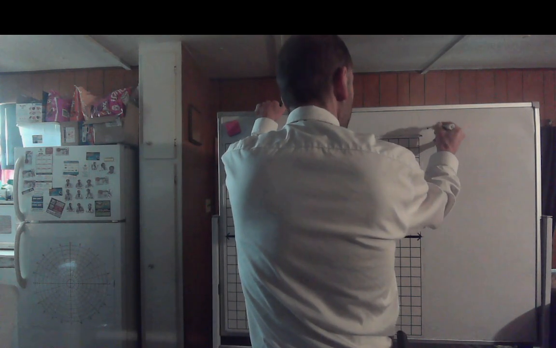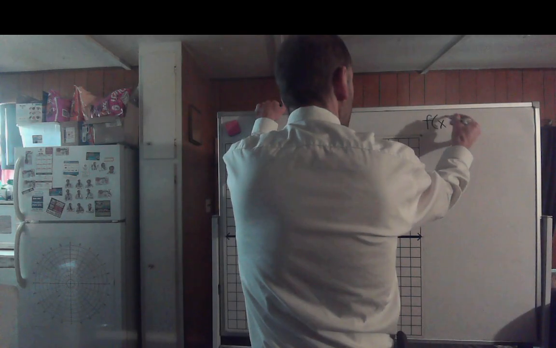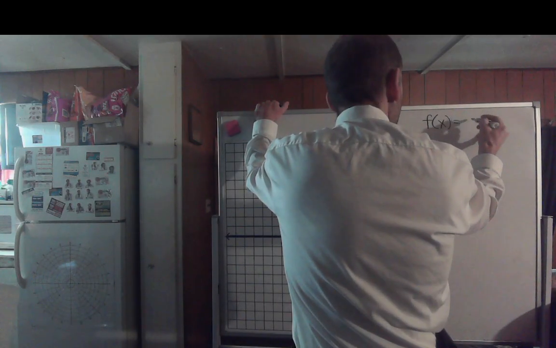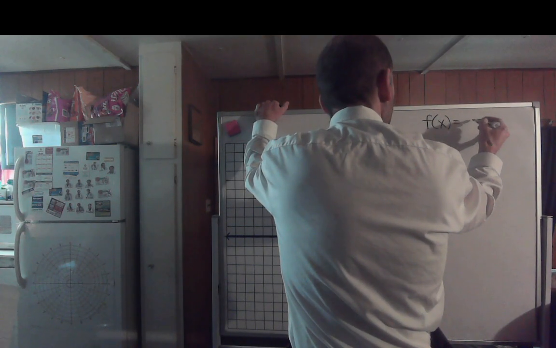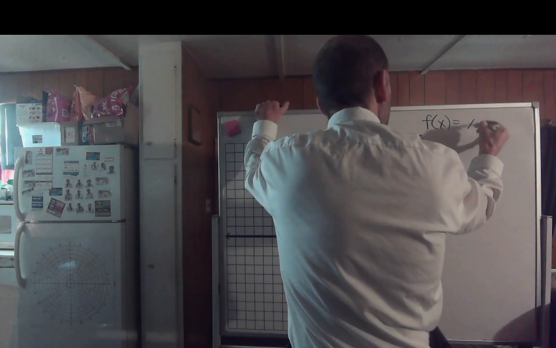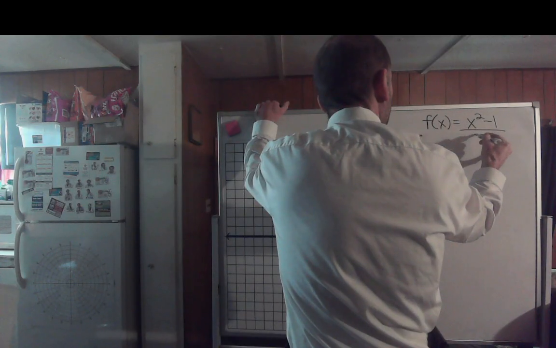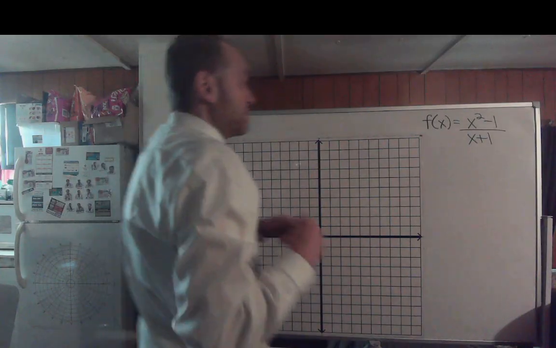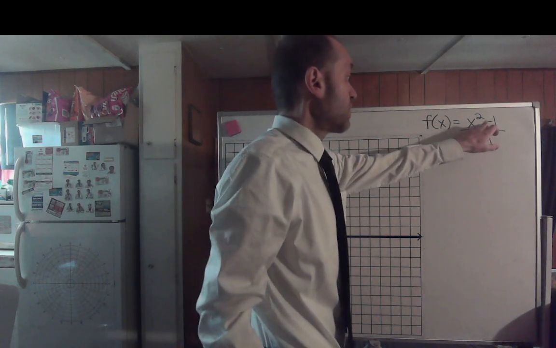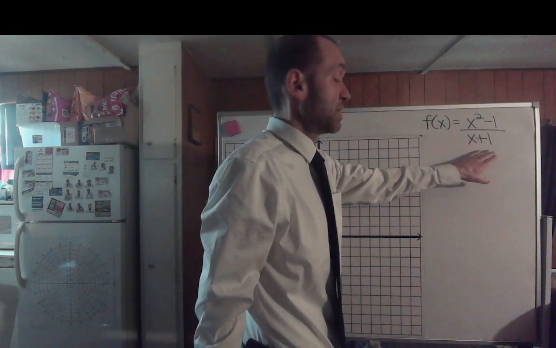Let's say I have f of x equals x squared minus 1 all over x plus 1. So I have f of x equals x squared minus 1 over x plus 1.